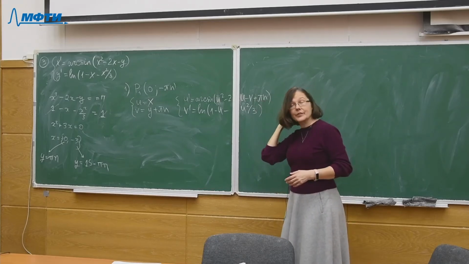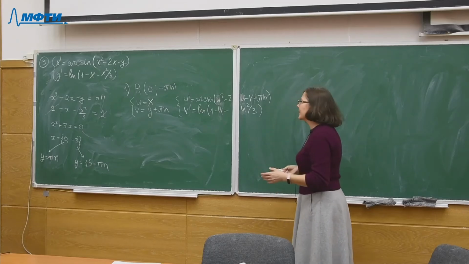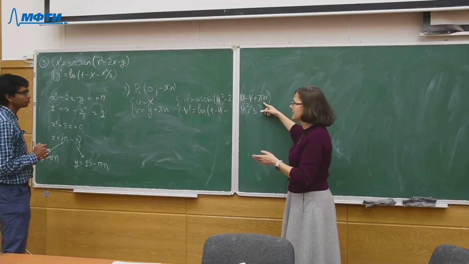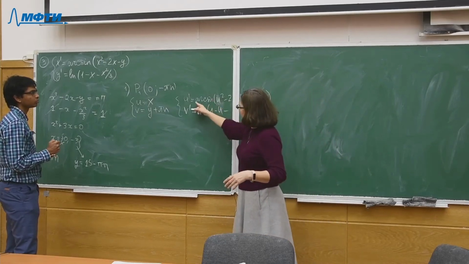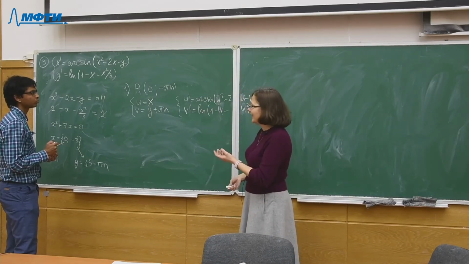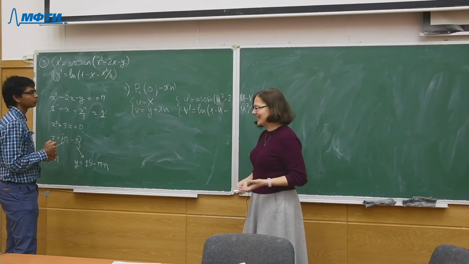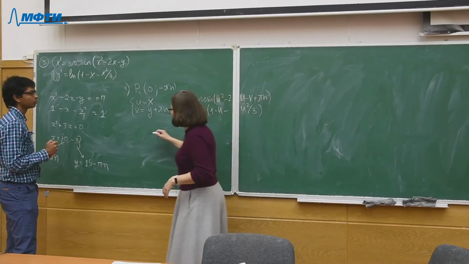And then arc sine pi n can be rewritten in two ways. We should consider the case if n is odd and even, and we will only change the sign of arc sine. So there will be two types of equations.